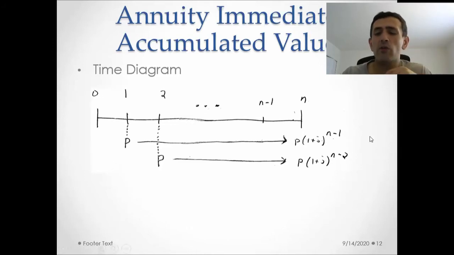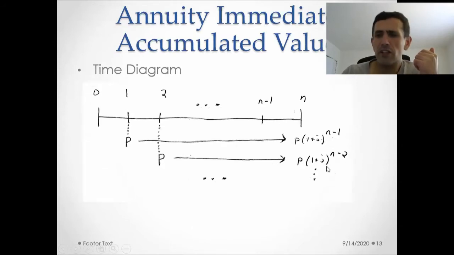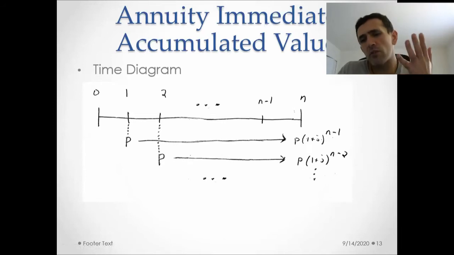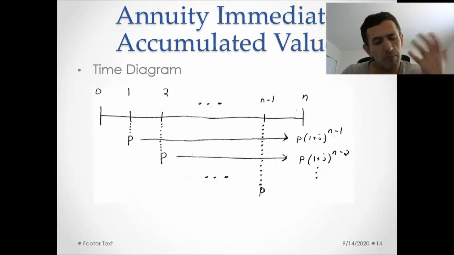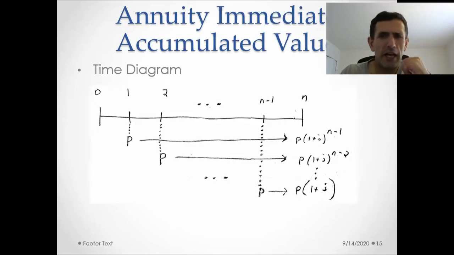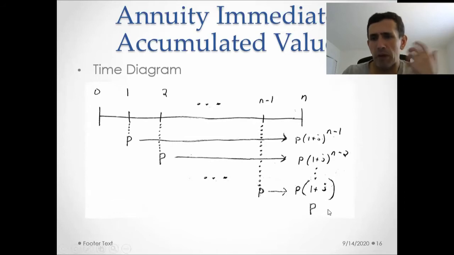This sits in the account for N-2 periods, so that's going to become P(1+J)^(N-2). Let's just keep playing this game, and let's look at the last two payments or deposits. We make the second to last payment into this account, and that accrues one period of interest. And the last payment into this account does not accrue any interest.